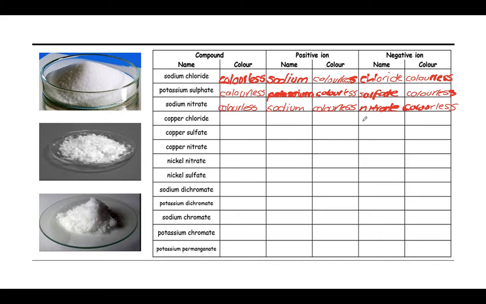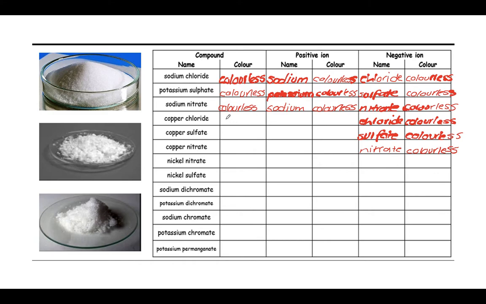So copper chloride, the chloride ion will be colourless as it was in sodium chloride. The sulfate ion will be colourless. And the nitrate ion will also be colourless again.